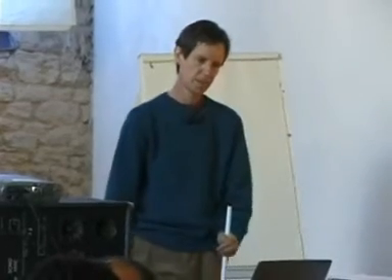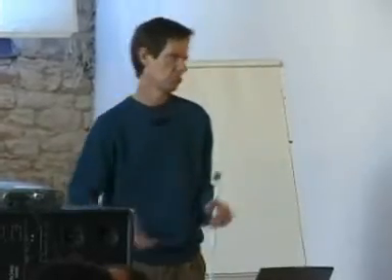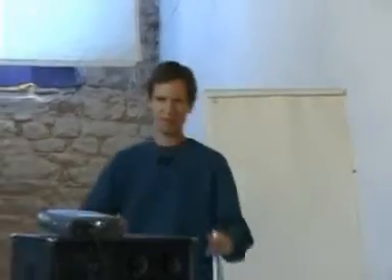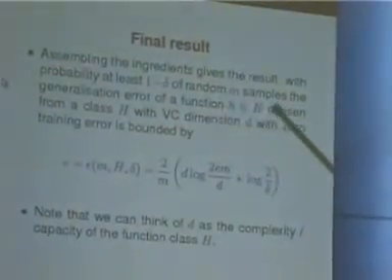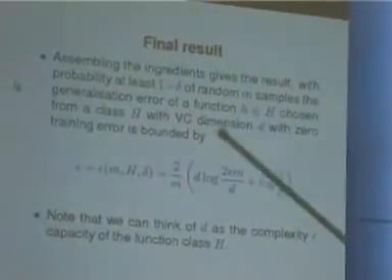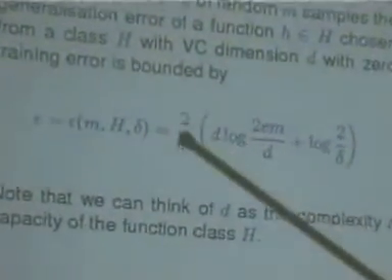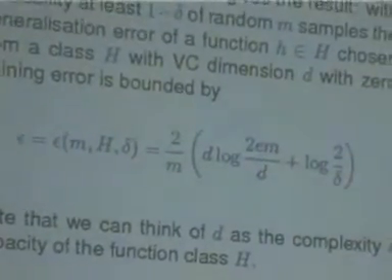So there it is. What that tells you is, if you like, the central result of learning theory in some sense. It says that with probability at least 1 minus delta, the generalization error of a function h in a class H with VC dimension d, which has 0 training error, is bounded by the following quantity: 2 over m times d, the VC dimension, log 2em over d, plus log 2 over delta.